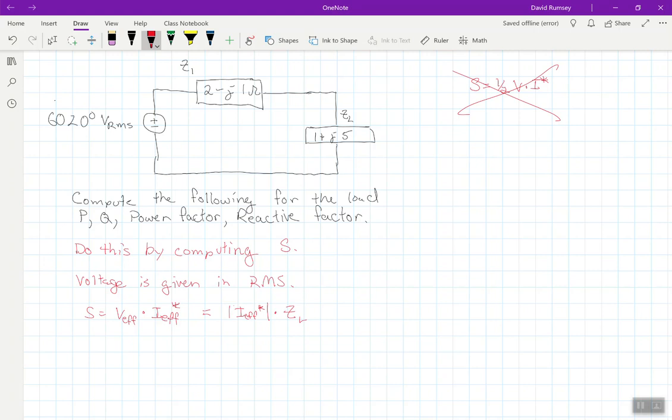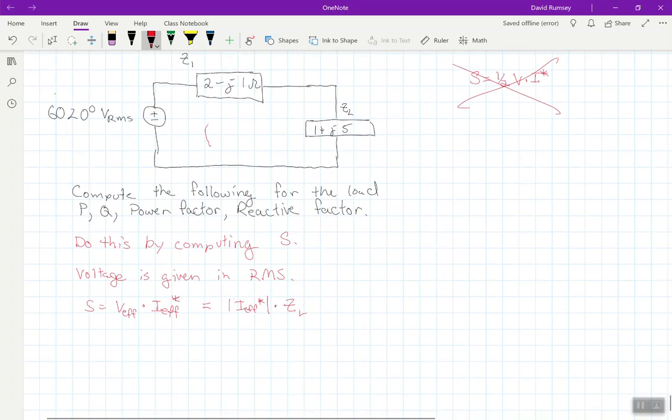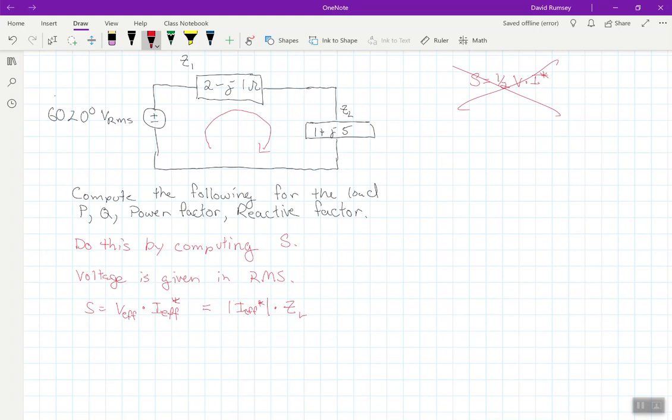Well, again, this one is an easy one here. We just have a single loop I can write to get the current I, and that's going to be the current I through everything because this is a series circuit. This is 60 at an angle of 0 degrees, so in rectangular form that's just 60 volts RMS, because it would be 0 for the imaginary part.